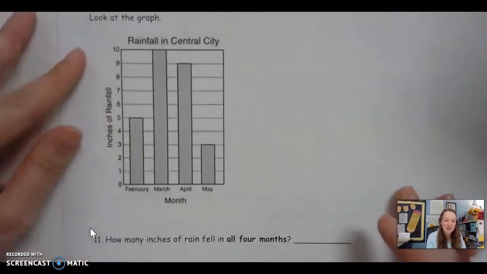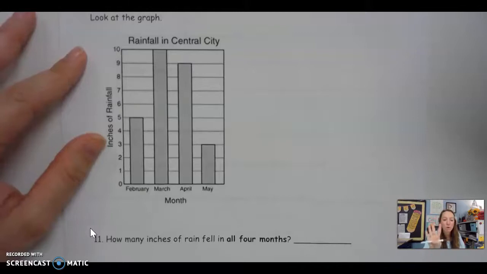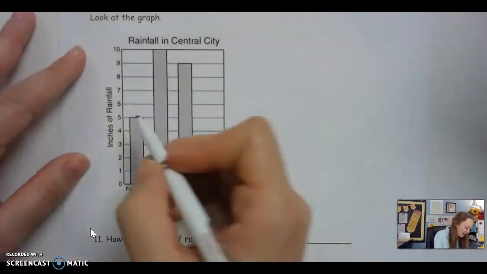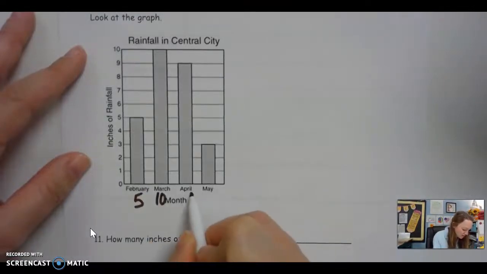All right, let's look at this graph. How many inches of rain fell in all 4 months? So remember, whenever we see a graph like this, Miss Pascal always likes to write the numbers at the bottom. So I have 5 inches in February, 10 inches in March, 9 inches in April, and 3 inches in May.